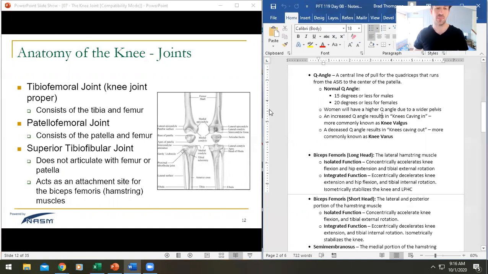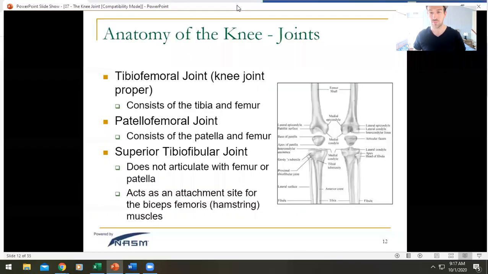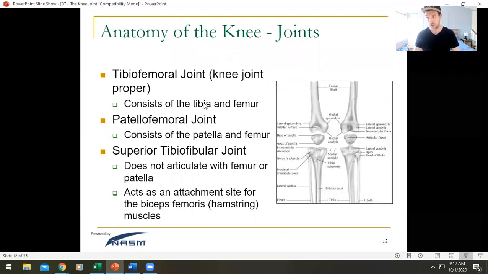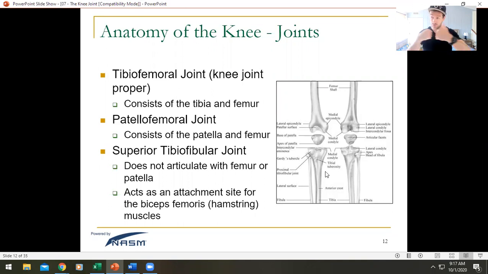So this is where we talk about the difference between your knee joint proper versus your patellofemoral joint. There are actually 3 joints here that we are going to be talking about today, right? You have your proper knee joint, that's your tibia and femur, your tibiofemoral joint. Where your femur sits on top of your tibia, the place where those 2 bones come together, that's your knee joint.